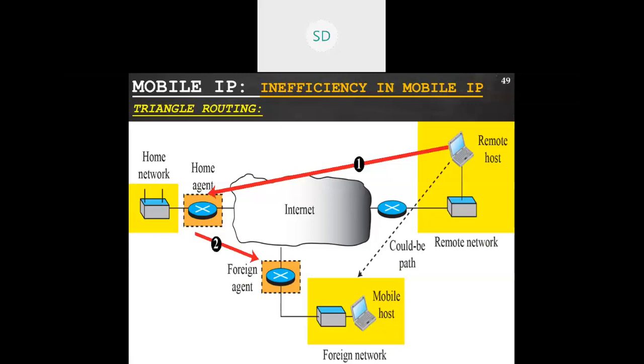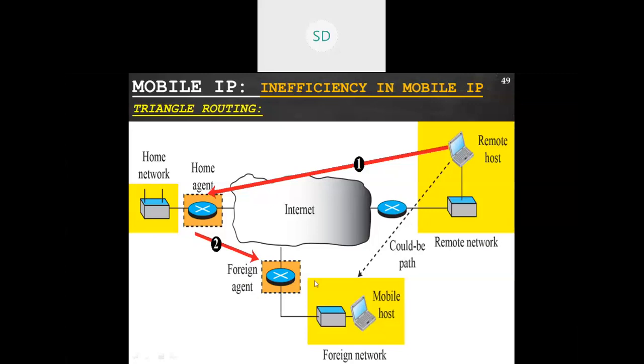Now suppose a communication occurs when the remote host communicates with a mobile host that is not attached to the same network. This is what we have seen earlier. It is not attached, it is present in a different network. One technique is to transfer directly from this router, that is the remote host router, directly to the foreign agent.